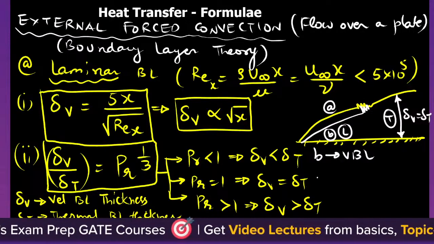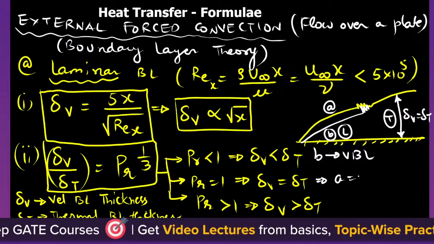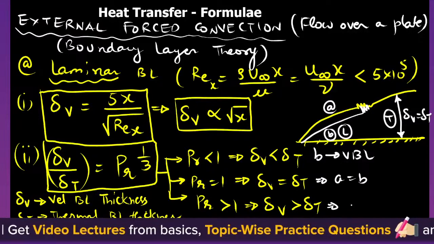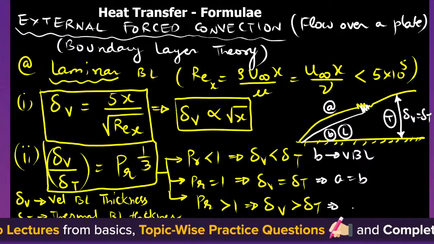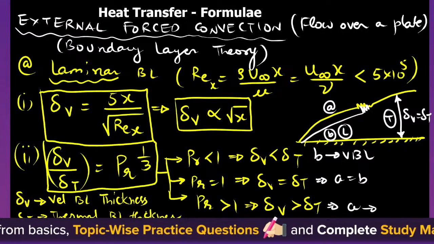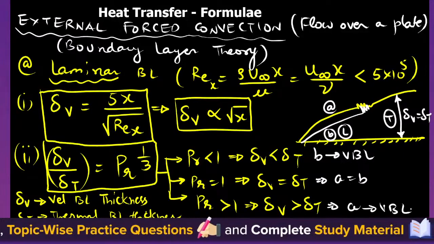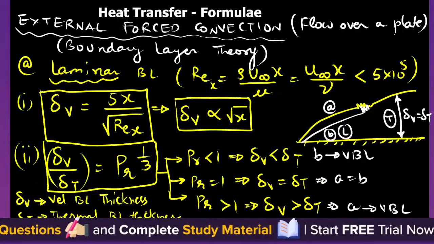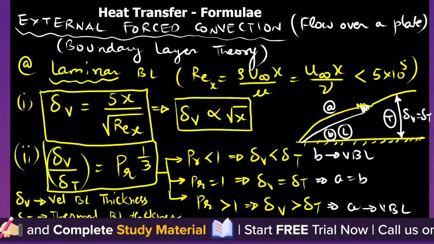If the Prandtl number is equal to 1, then A is equal to B. If the Prandtl number is greater than 1, then A will be the velocity boundary layer. Do you understand it? Do you guys agree or not?